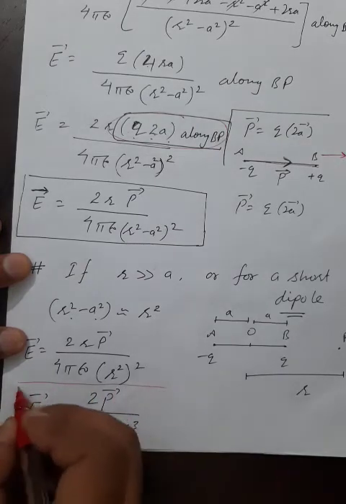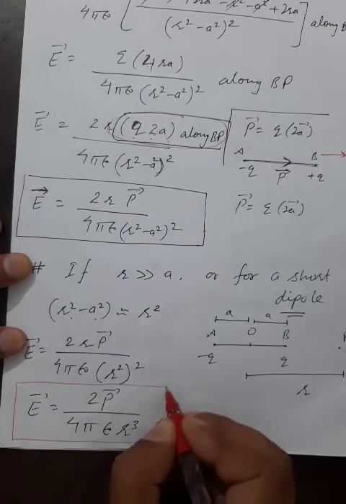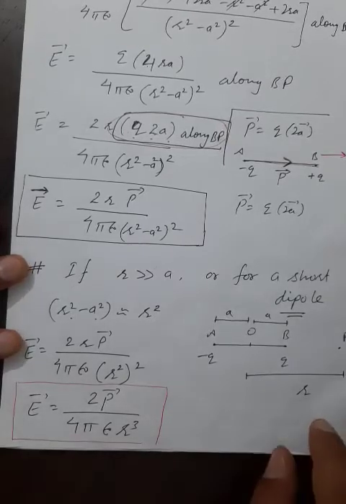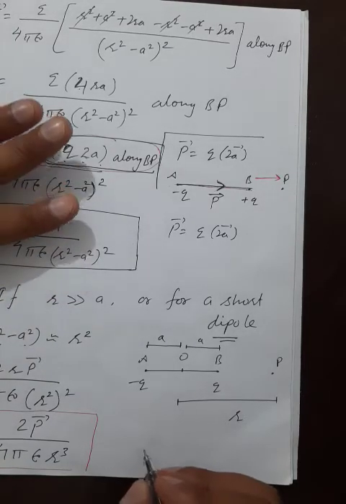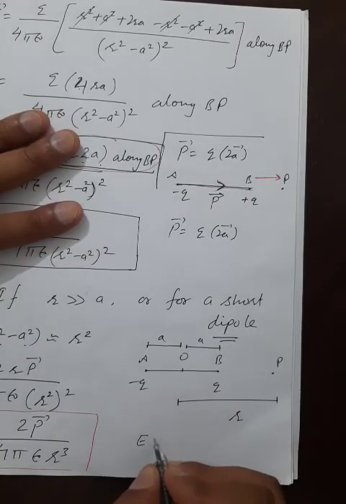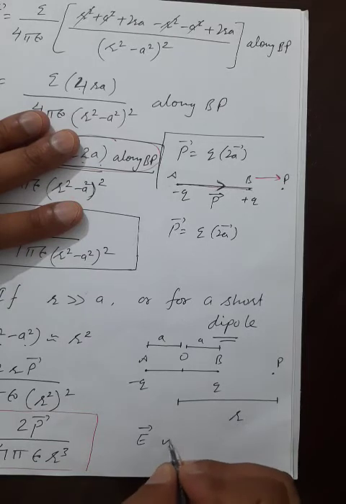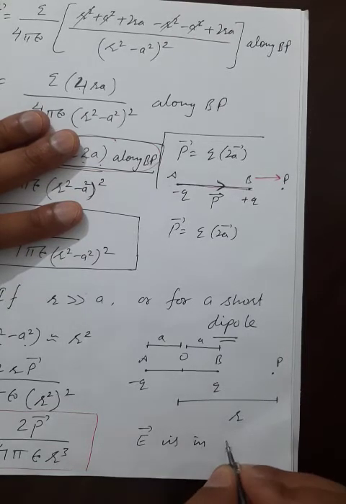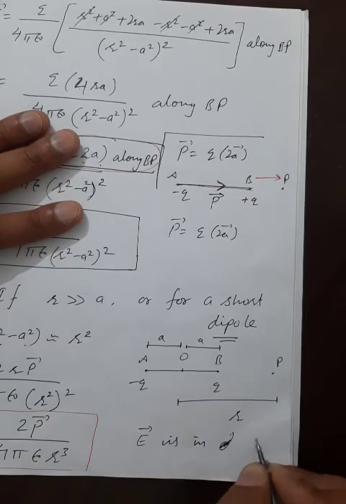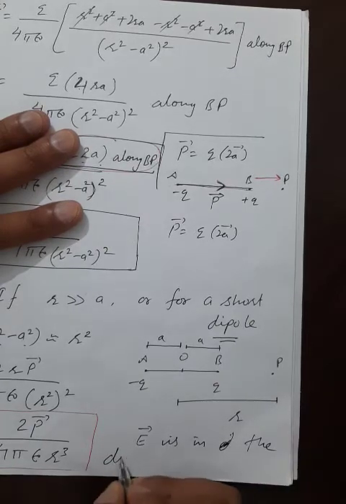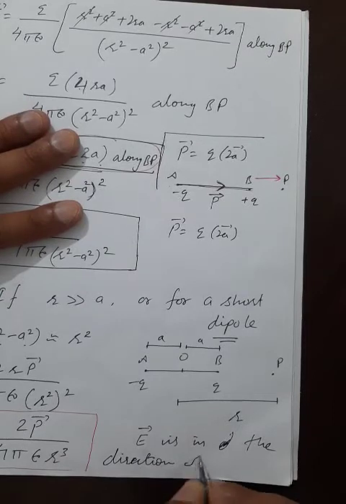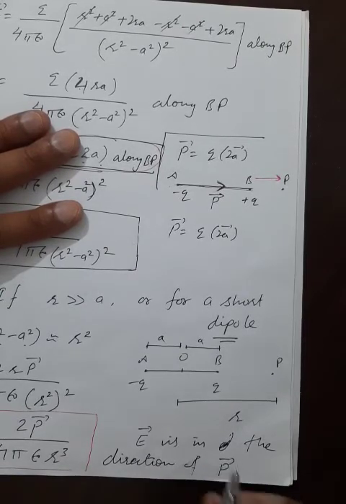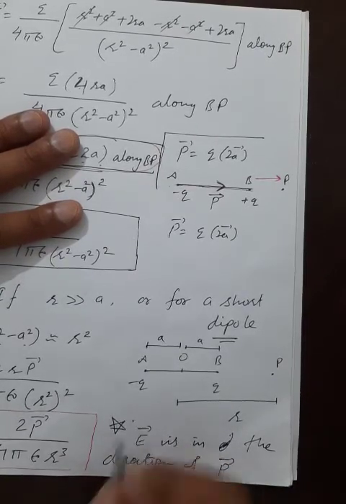So this is the electric field intensity due to the electric dipole at a point on the axis of the dipole. Here E is in the direction of P vector, both are in the same direction, that you have to know.